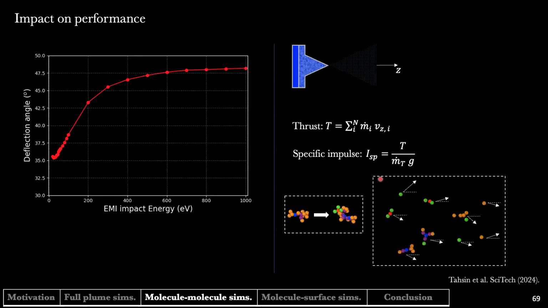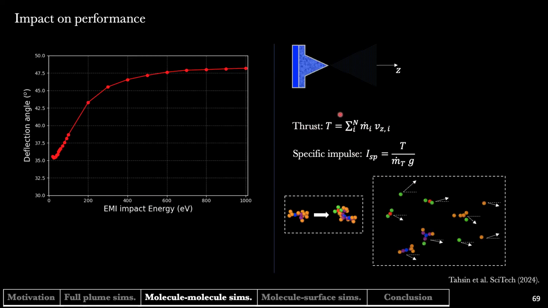And we're also interested in the impact of these collisions on the performance. And this is the formula of the thrust. And as we can see, only the axial velocity Vz contributes to the thrust. And the specific impulse is also dependent on the thrust.